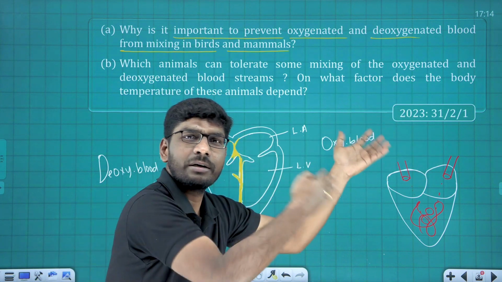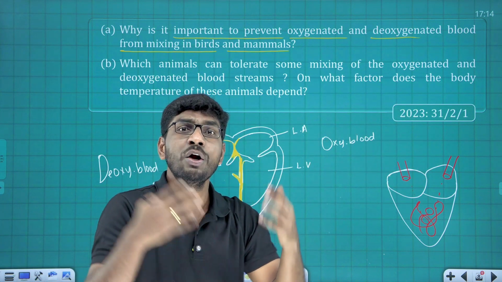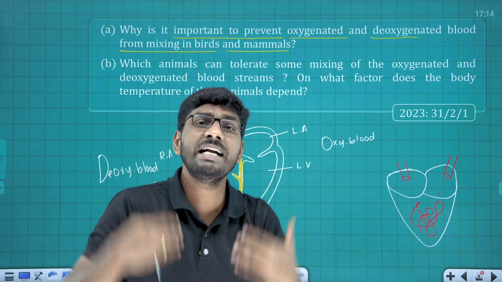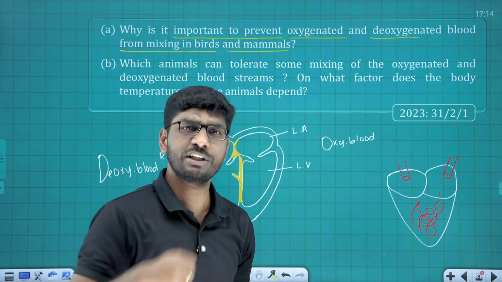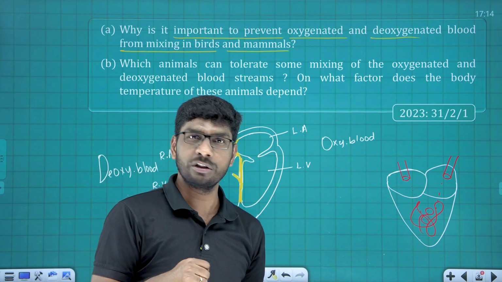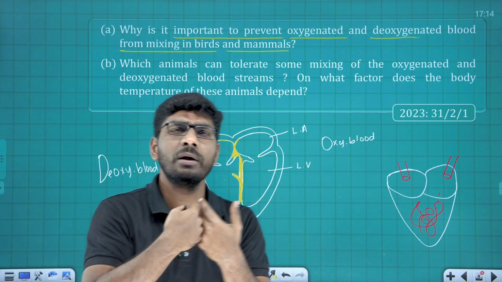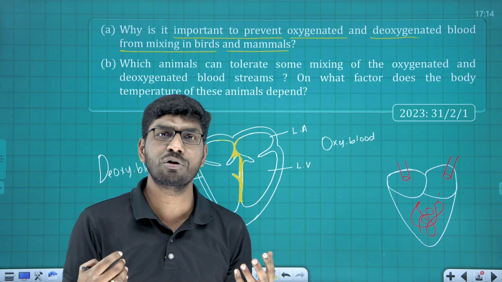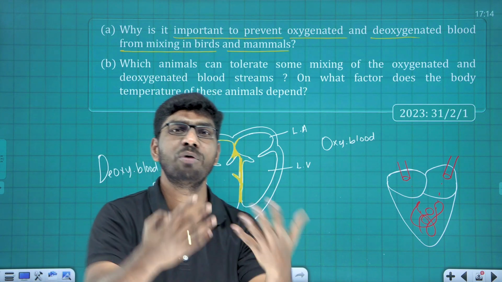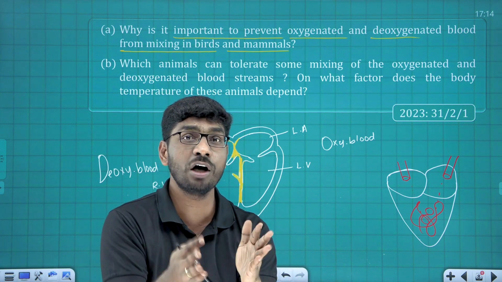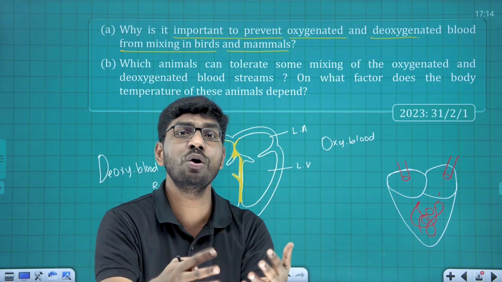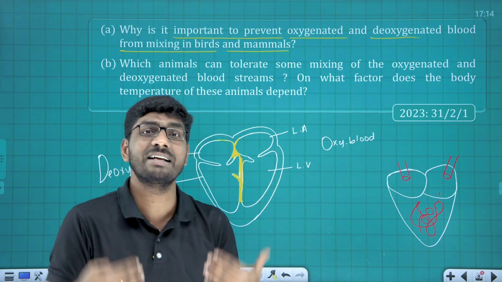Why? Because amphibians and reptiles have no need to maintain their internal body temperature, so they need less energy only. They don't need higher energy, and they don't need continuous supply of oxygenated blood to all parts of the body to provide more and more energy, because these organisms do not need to maintain their internal body temperature.